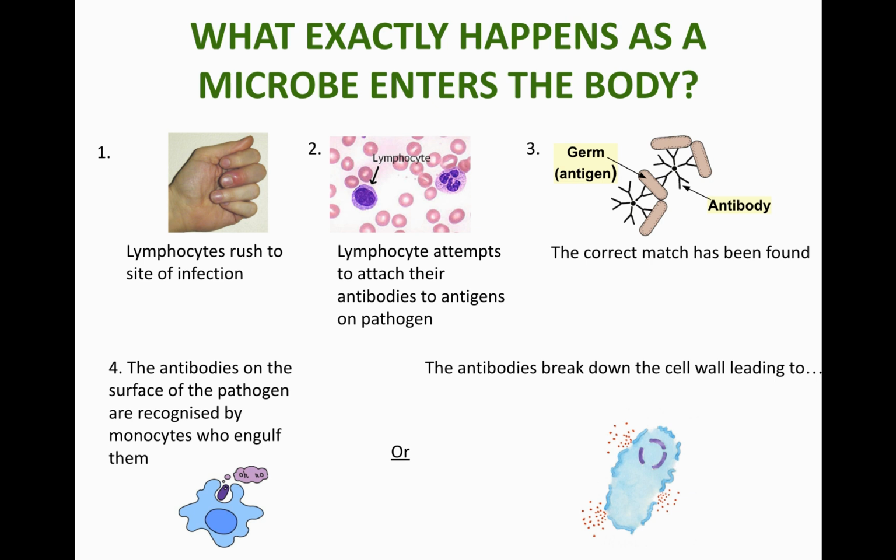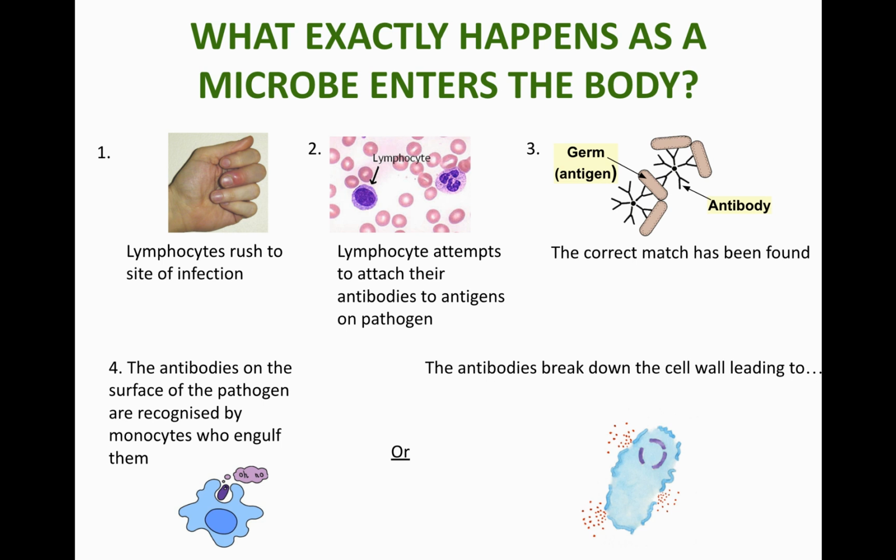They've entered your blood. We know through the inflammatory response, this general defense system, that histamine is released. Histamine is a chemical that will dilate the blood vessels. It'll allow the blood to rush to the site of infection quickly, which will then allow white blood cells to reach the site of infection quickly as well.